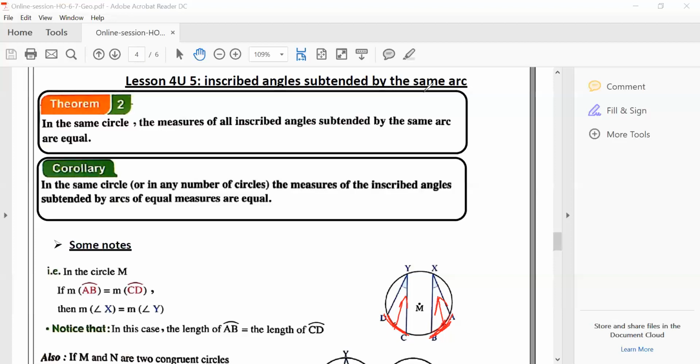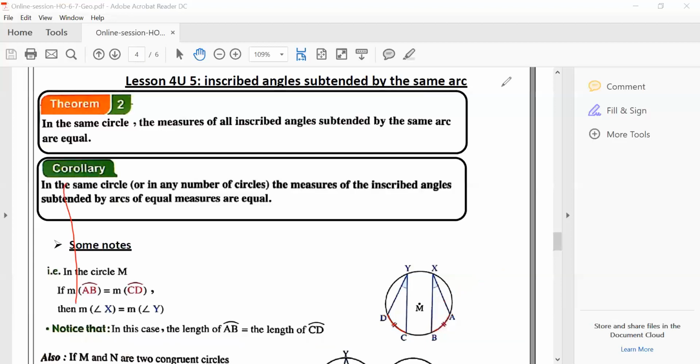And note that in this case, the length of arc AB equal the length of arc CD. خلاص، لأن if I want to get the length of the arc, it will be measure of the arc over 360 times 2πr. وهم the same circle يبقى the r is constant. وهم أصلا عندهم measure of the arc are equal. So the length of both of them will be also equal.